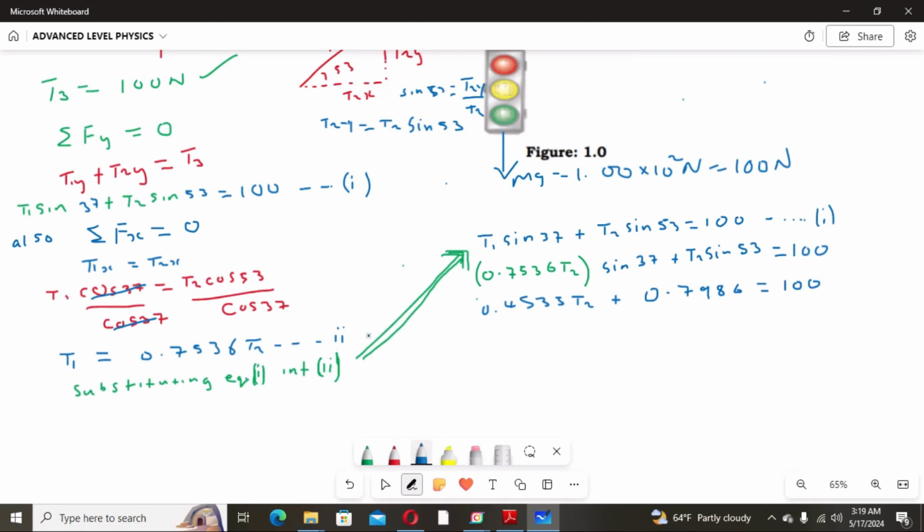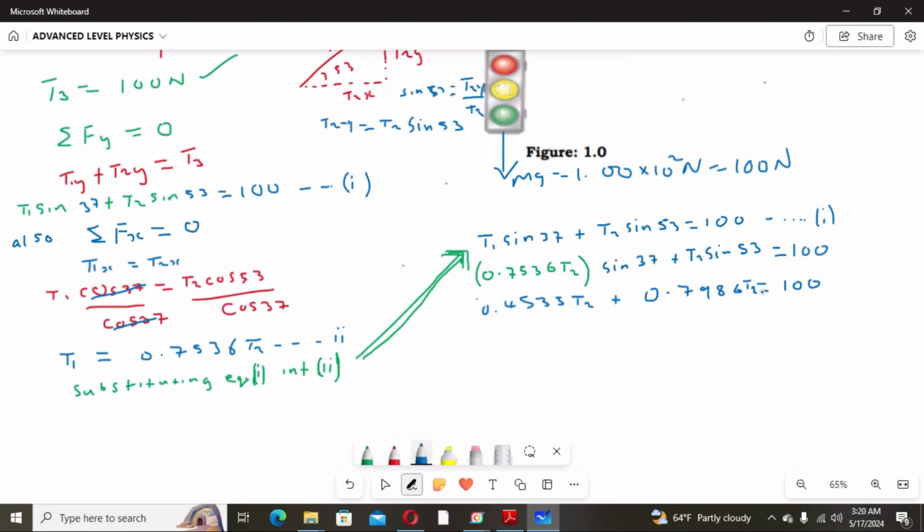This is the value for T1. So this is what we will have here. If you compute now sine 53, we are going to have this. So there should be T2 here. Then if you compute sine 37 times 0.7536, you have this.